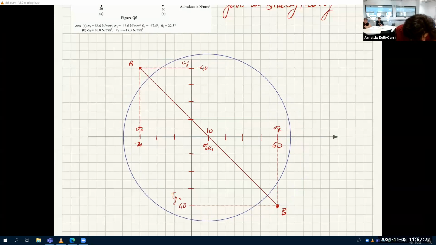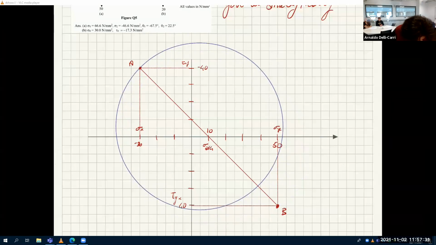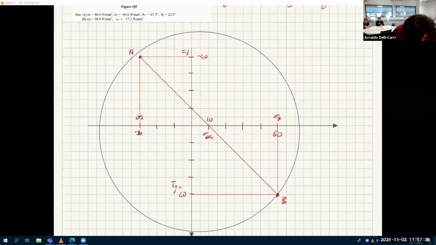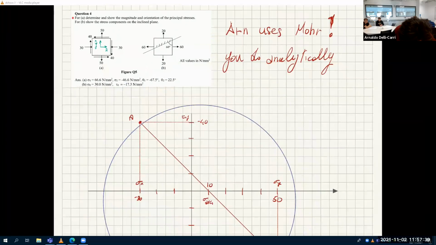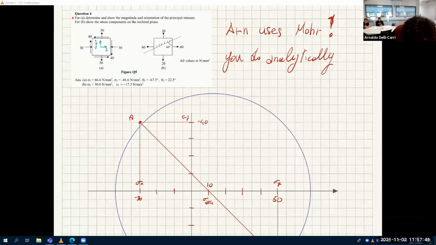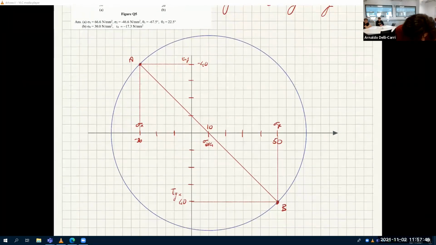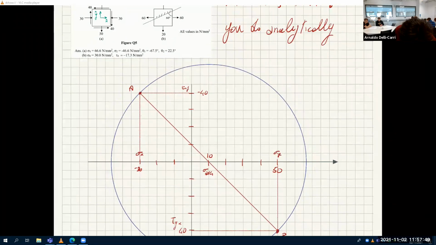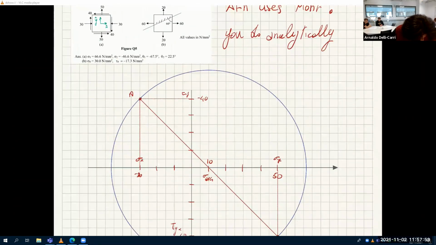There you go. So the center is here. Must pass through A and B. The center is here and must pass. There you go. Nice. I am stunned. Very nice.